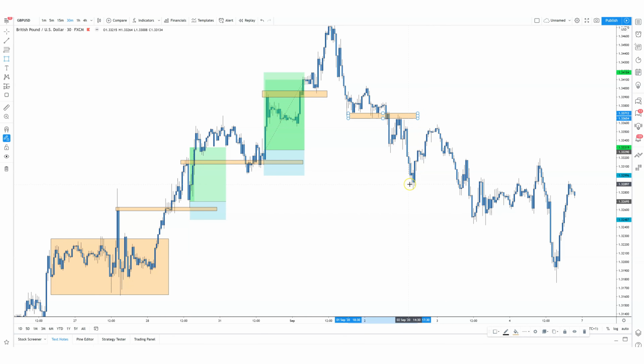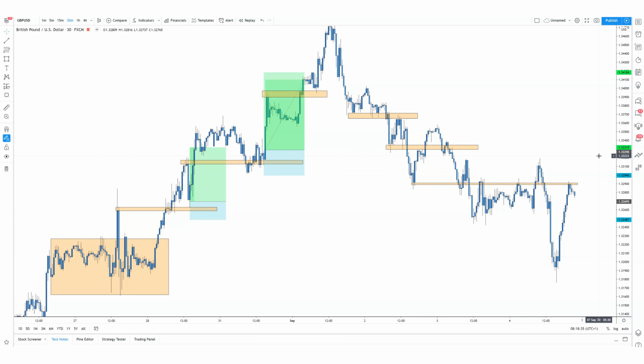We have another one here where you can see price is breaking back into structure, creating a retest, entry here, a stop loss here, a re-entry here. It really doesn't matter. And then we have another one where price is taking out some of these structural lows, and then you could be looking for some retests in and around this level.